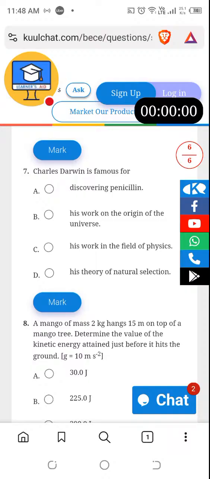So what's the answer? I think it is his theory of natural selection. That should be the case. I think that is the correct one.